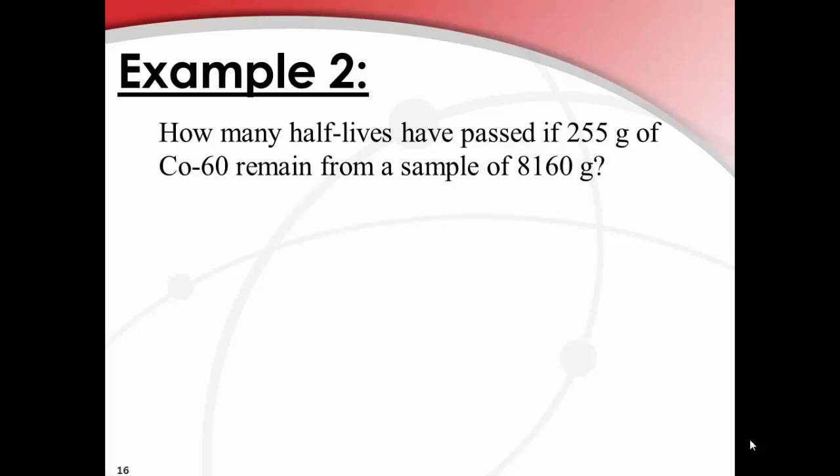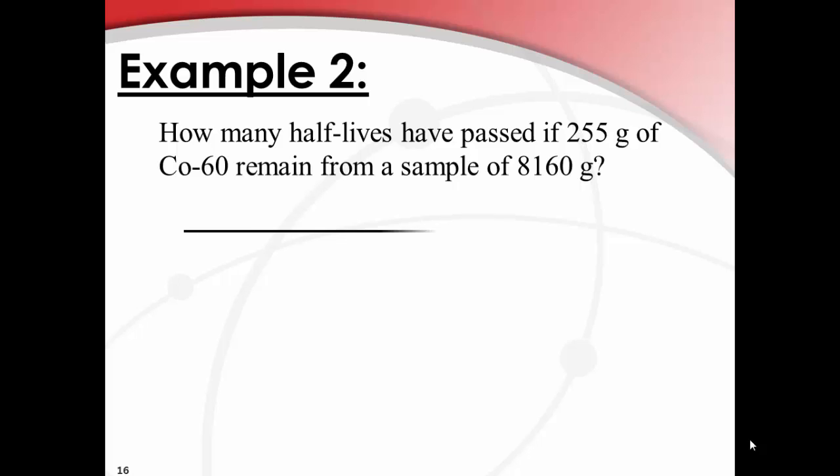Example 2. How many half-lives have passed if 255 grams of cobalt-60 remain from a sample of 8,160 grams? Now I'm trying to find out how many half-life periods go by. And I know that for every half-life period that goes by, half of the sample will decay.